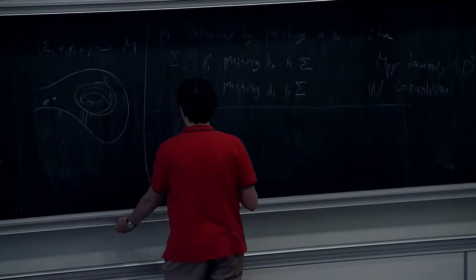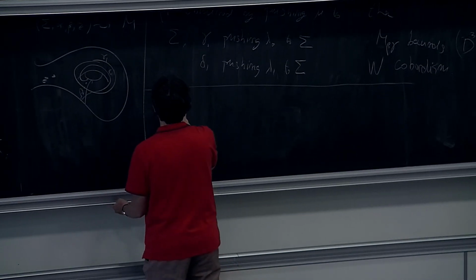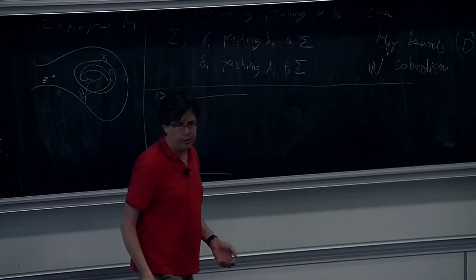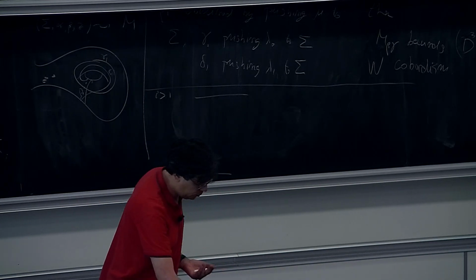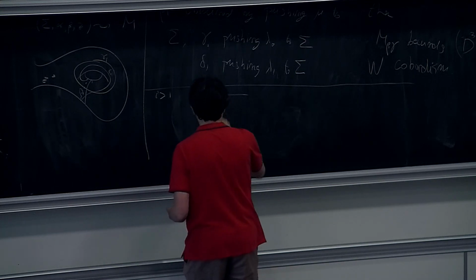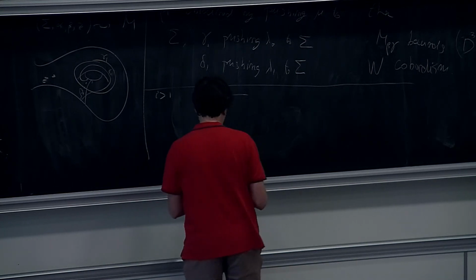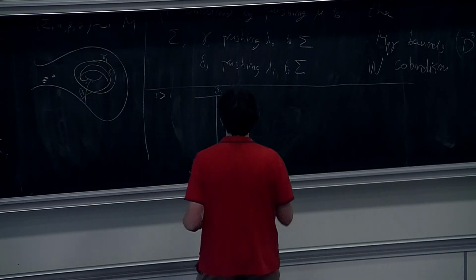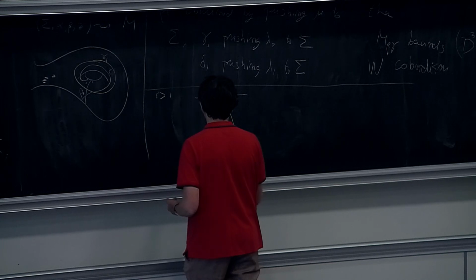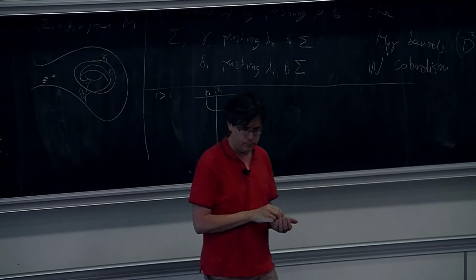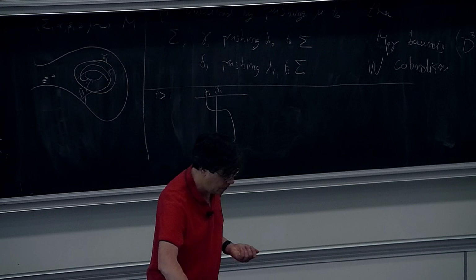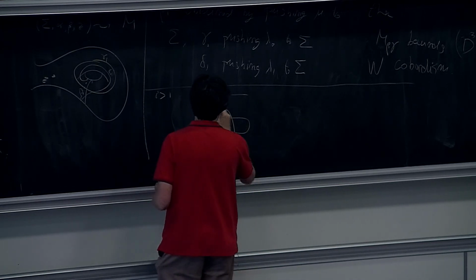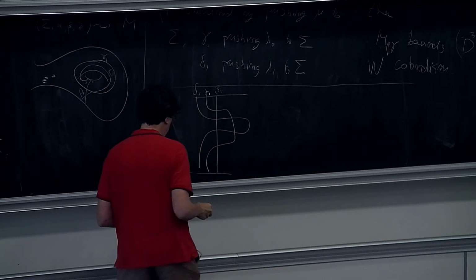And then for the other one, they are all translates of one another. So you have beta 1 like this, gamma 1 like this, and delta 1 like this.